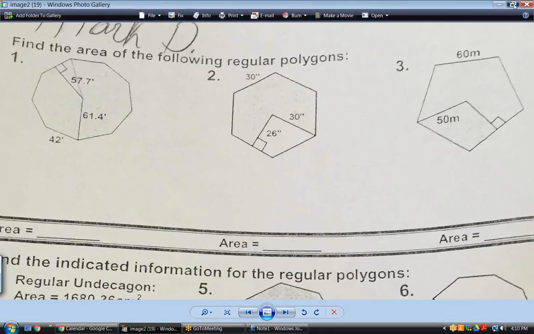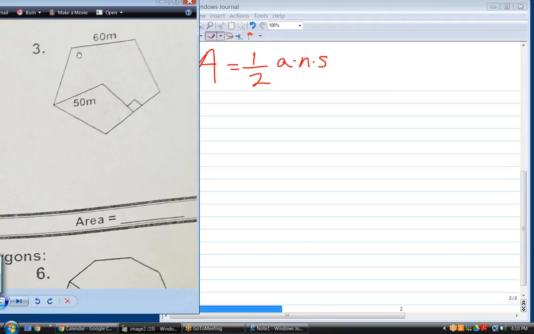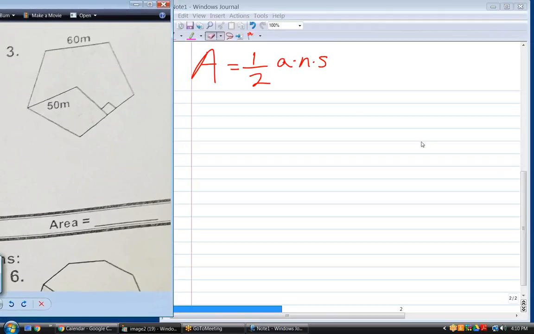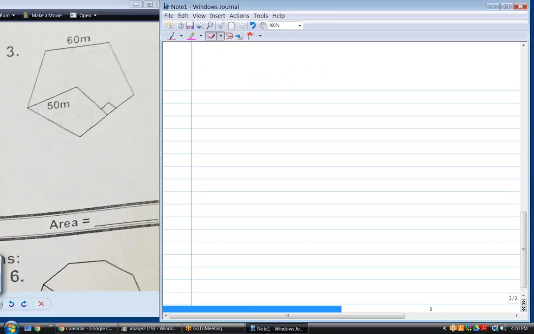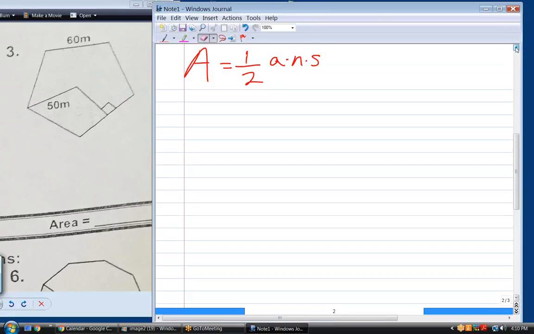All right. Now they get a little tougher. I'm going to leave that equation up because you still want to always start out with the general equation.